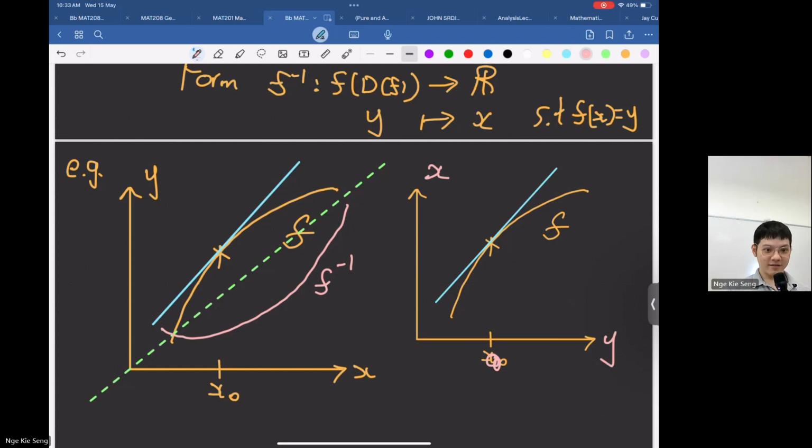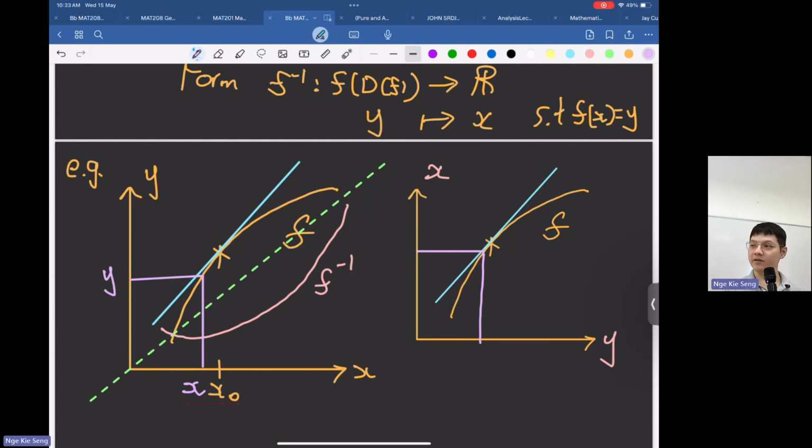Also works, right? Think about it. Previously, we give you one x, you give me one y. But now you give me one y, I give you one x. Does it make sense or not?